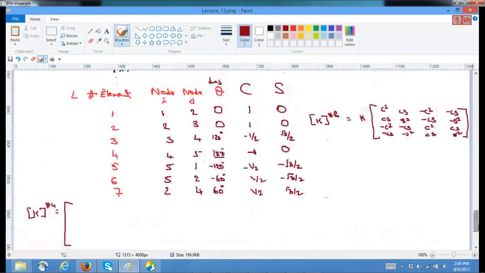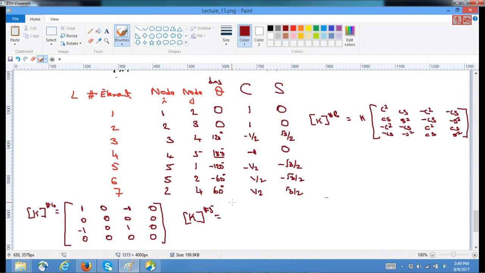So this is minus 1 and 0, so things remain more or less the same. This is 1, 0, minus 1, 0, 0, 0, 0, 0, because anywhere S appears it is 0, and C always comes as C square, so it should not change. This is again the same as, sorry, 1, 0, 0, 0, 0, 0. So this is k4.